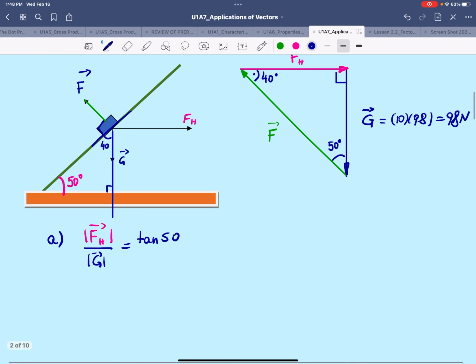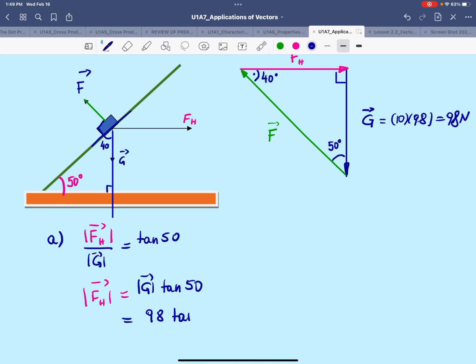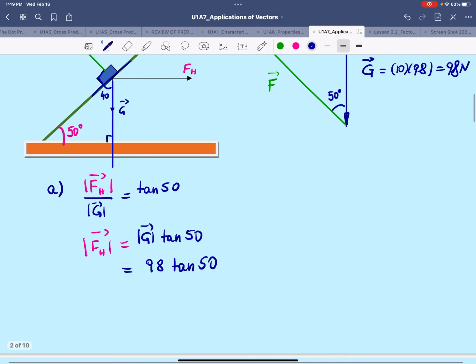That will make the horizontal force Fh in magnitude equal to gravity times tan 50. With gravity of 98 newtons times tan 50, we'll obtain the magnitude of horizontal force equal to 98 times tan 50, equal to 116.8. So 116.8 newtons for the magnitude of Fh.